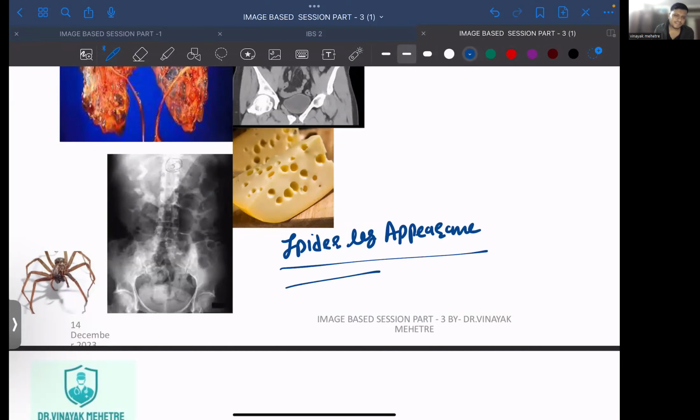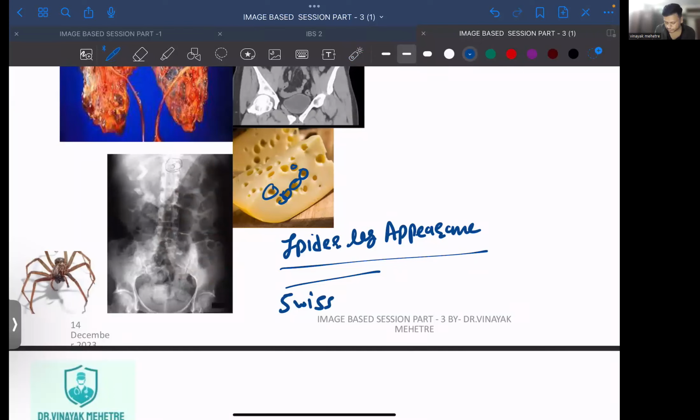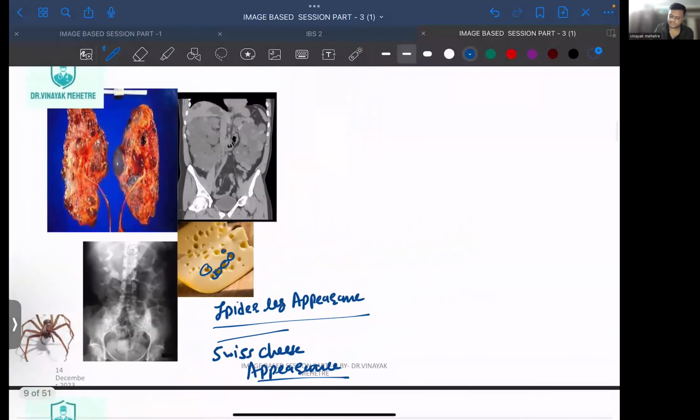And if you have ever gone to a fancy restaurant, you would have eaten cheese with holes. Same over here also. Cheese with the holes. नाम भी है इसका Swiss cheese appearance, right? Now we have discussed this as well.